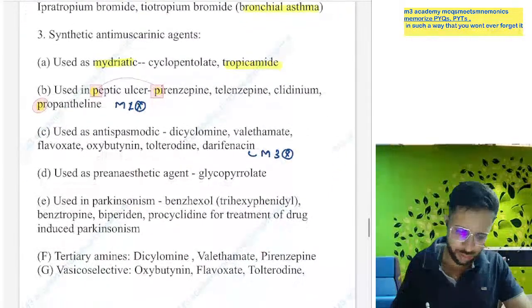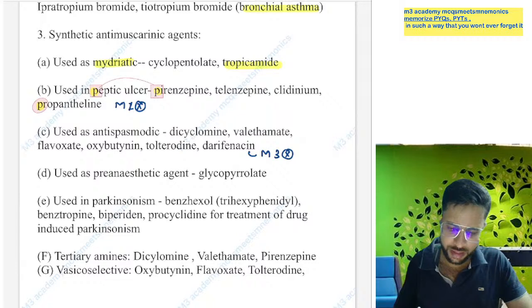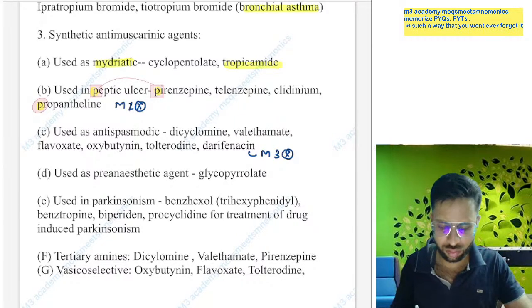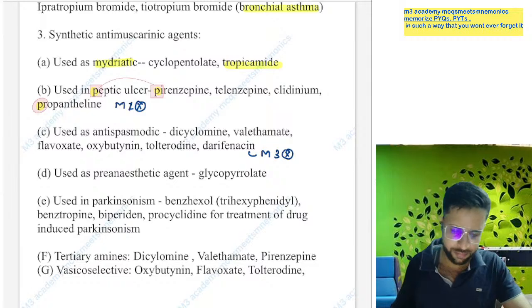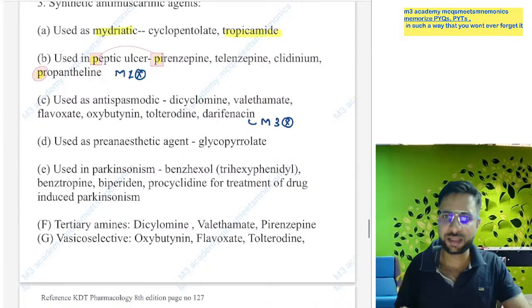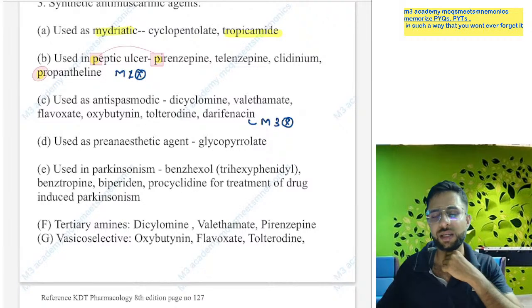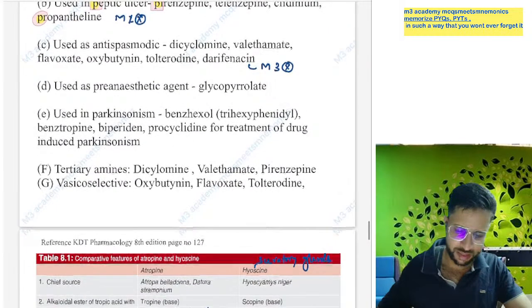Now used as antispasmodics: dicyclomine, valethamate, flavoxate, oxybutynin, tolterodine, and darifenacin. And the pre-anesthetic agent is glycopyrrolate. We already know this inhibits bronchial secretions and also decreases reflex activity by general anesthesia.